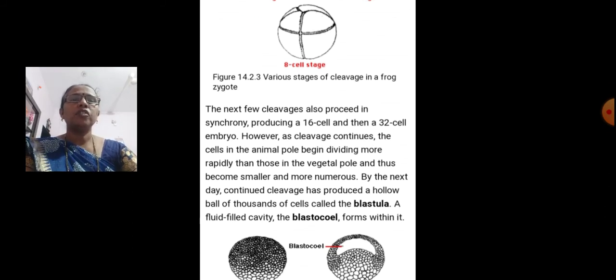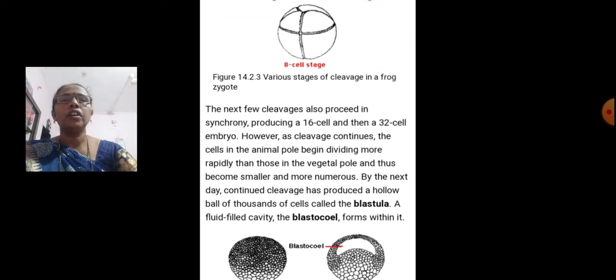The next few cleavages also proceed in synchrony, producing a 16-cell and then a 32-cell embryo. However, as cleavage continues, the cells in the animal pole begin dividing more rapidly than those in the vegetal pole, and thus become smaller and more numerous.